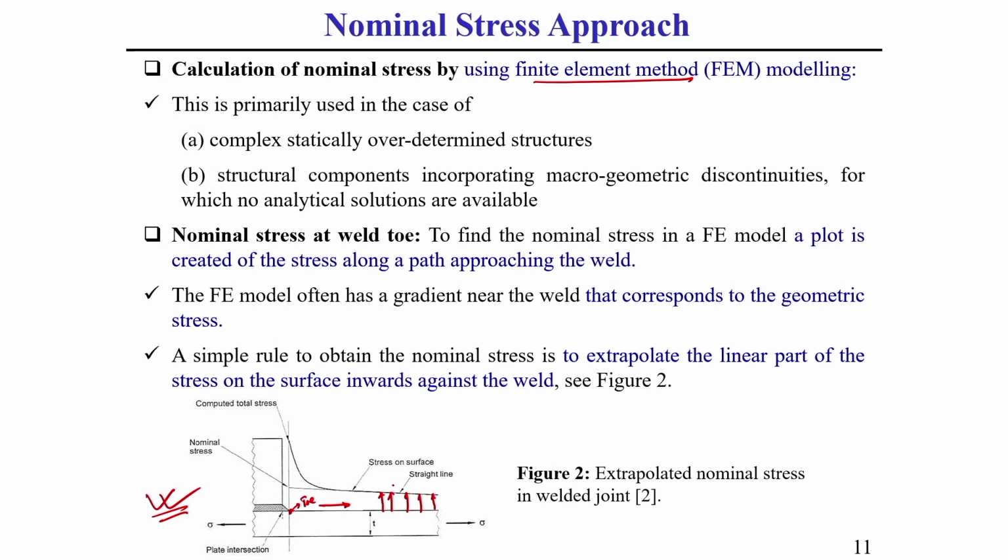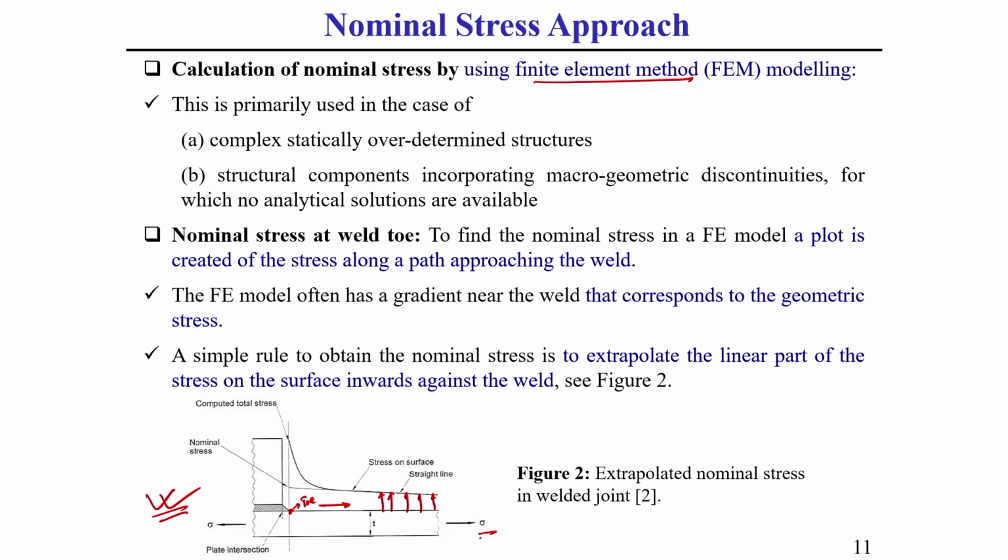But far away, at a distance of around the thickness of the plate, the stress distribution is more or less uniform, if an axial type of load is applied. If it is a bending type of load, then this stress distribution will be different.